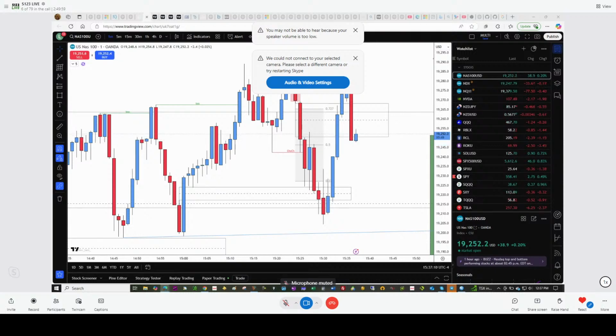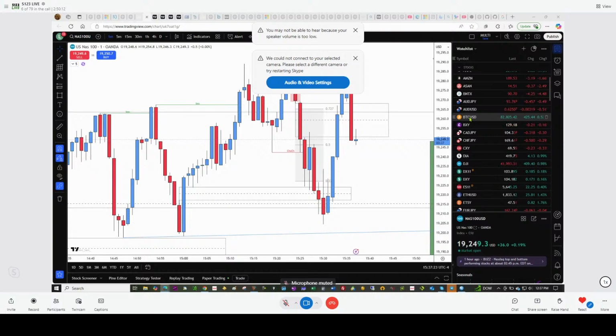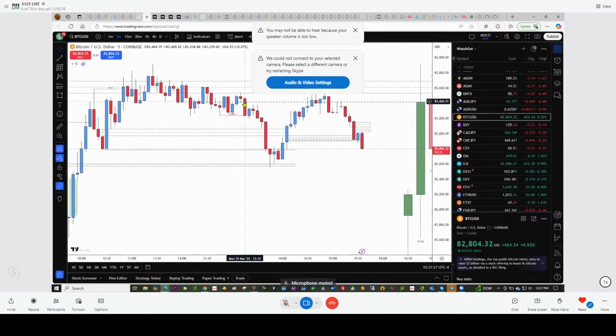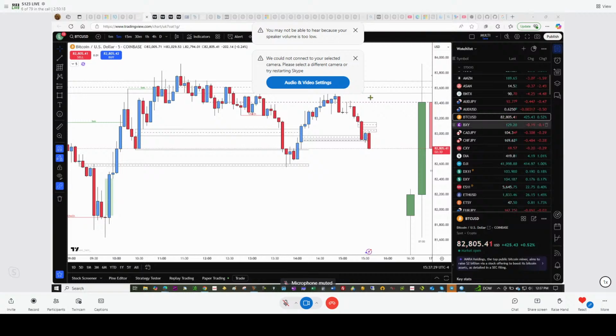So Bitcoin's not doing what I'm expecting at all. But I can see what it's doing now. I can see the structure on Bitcoin quite clearly. And if I go to the 5-minute, you'll see it as well. So what they're doing essentially is dropping it down a little further.